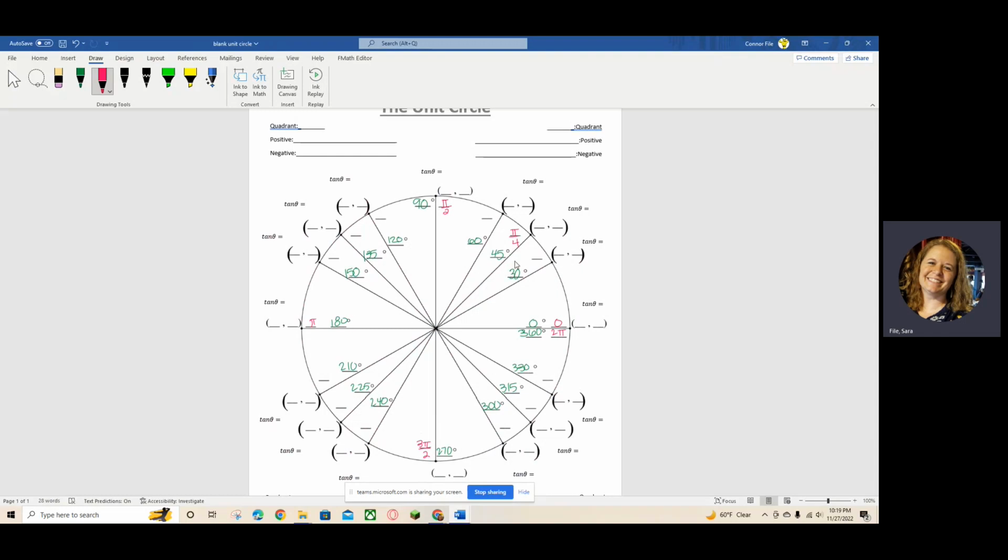Okay, 180 divided by 30 is 6. This is pi sixths. It's a sixth of the way to pi. And then 180 divided by 60 is 3. So this is pi thirds because it's a third of the way.